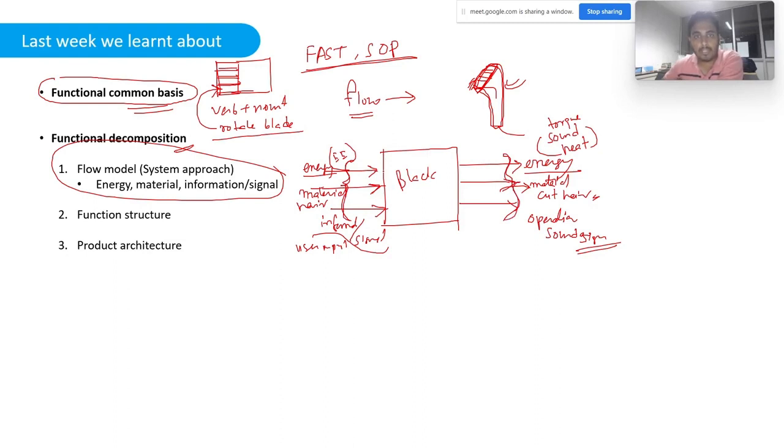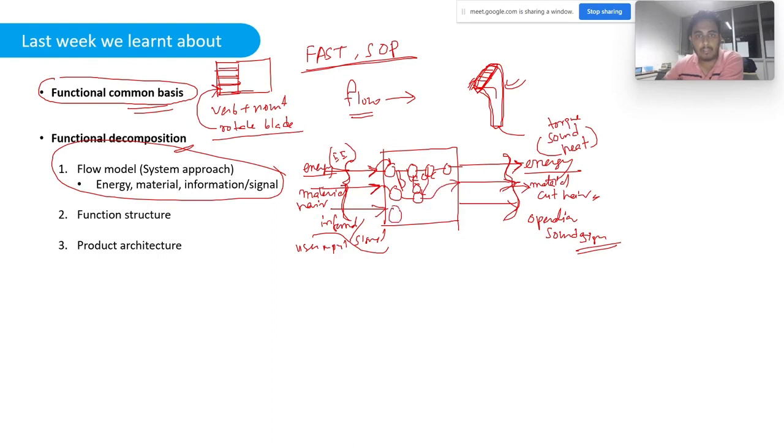Once we arrive at these inputs and outputs at the initial phase, we started analyzing the requirements inside the system. So how this particular energy can be converted into that particular energy. Similarly, how this particular material can be used within the system to come up with that particular material output.